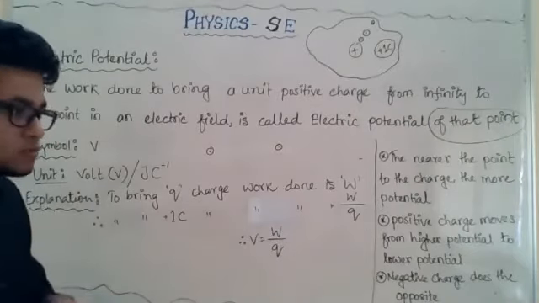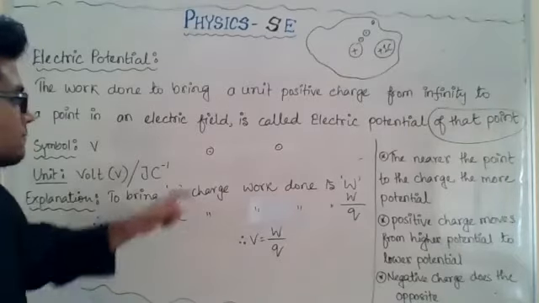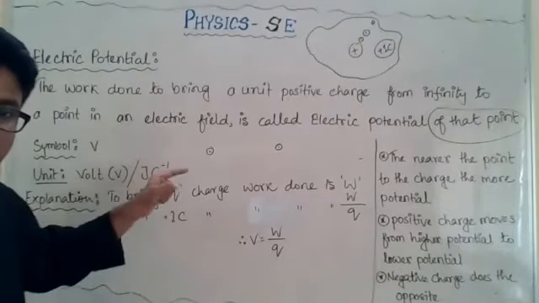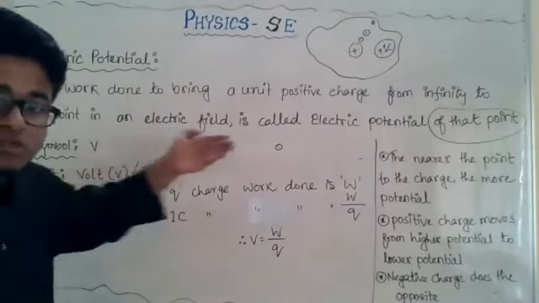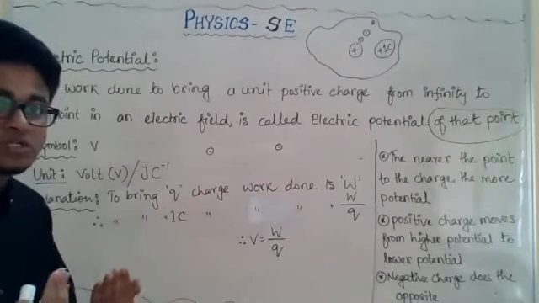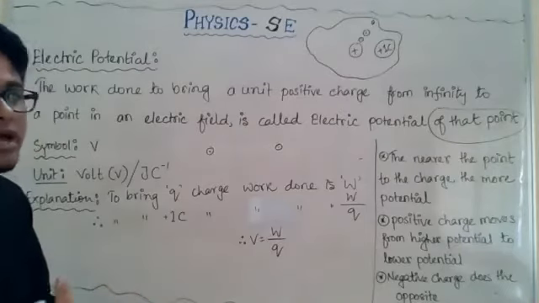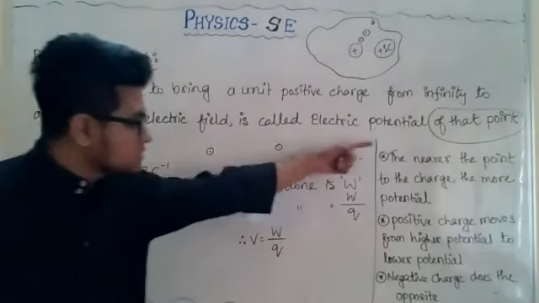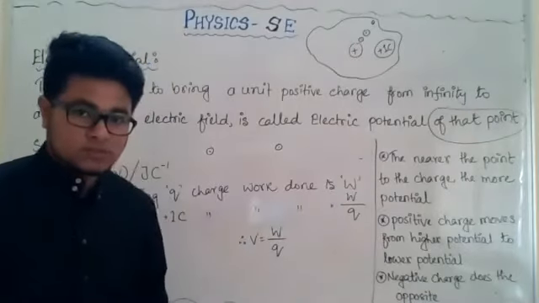So if you keep a positive charge here, that charge will move from the higher potential point to the lower potential point, and if you keep a negative charge, it will move from the lower potential point to the higher potential point.